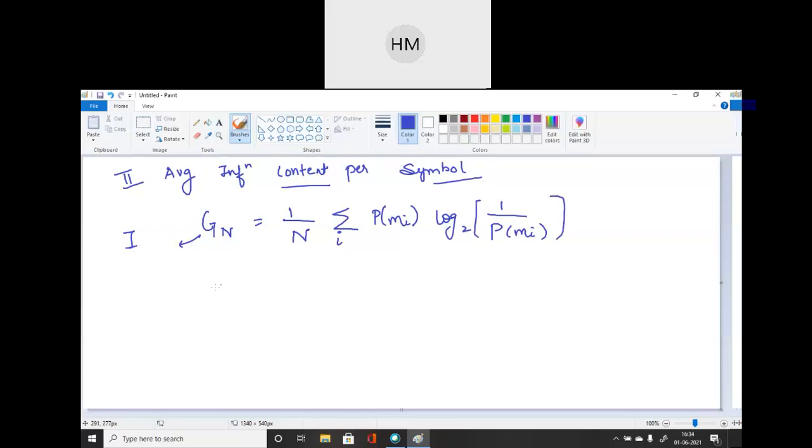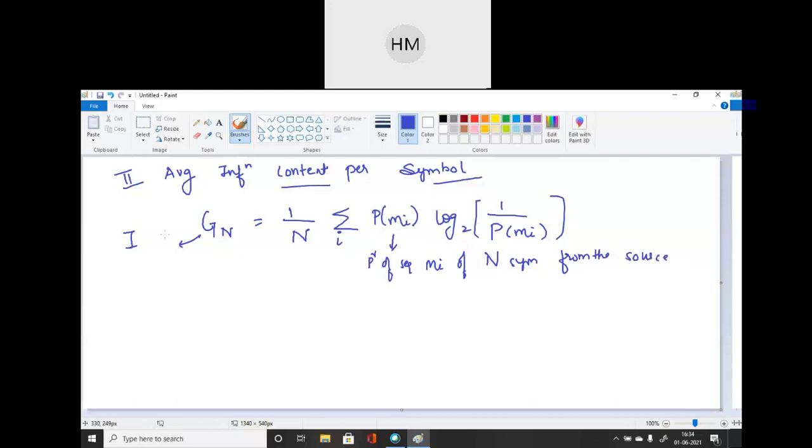So write down: P of Mi is the probability of sequence Mi of capital N symbols from the source. This is my probability.